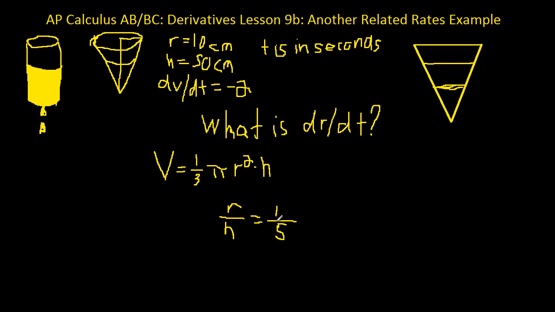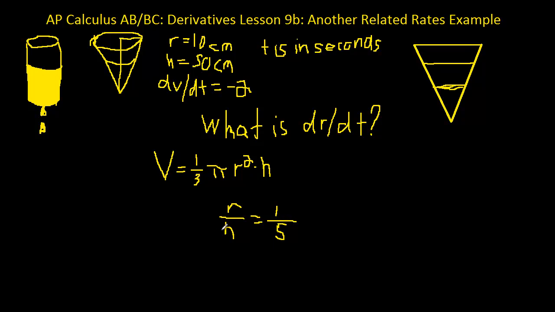And so we can take this ratio and have it apply for any volume. And so we can replace either r squared or h. But because we want dr/dt, we'll want to get rid of the h variable.